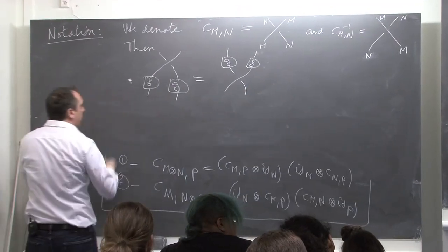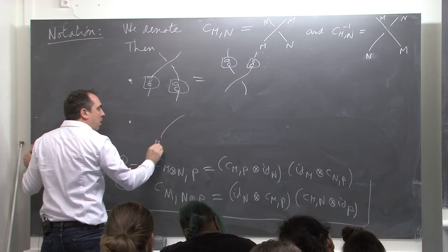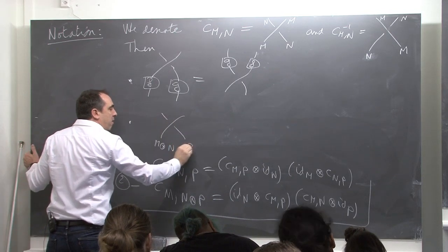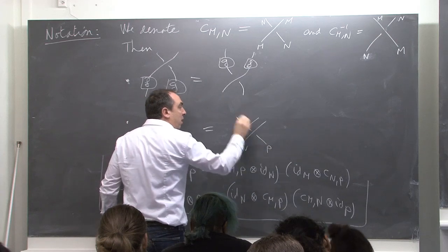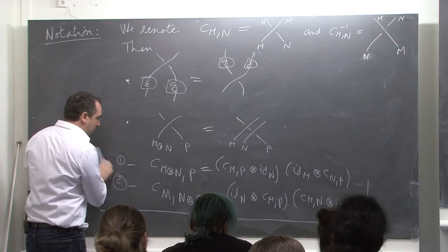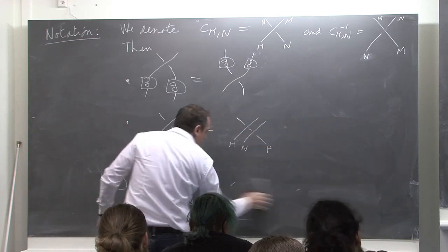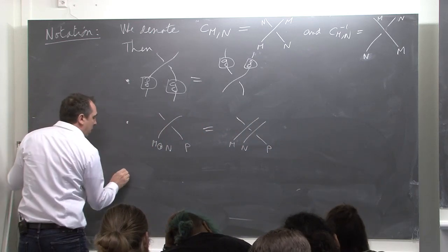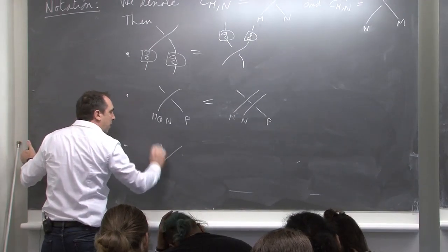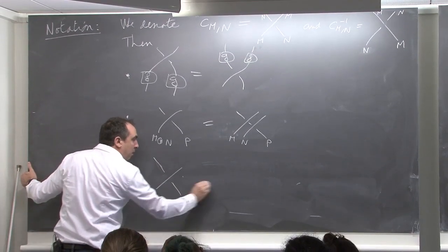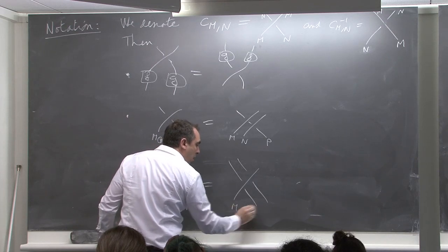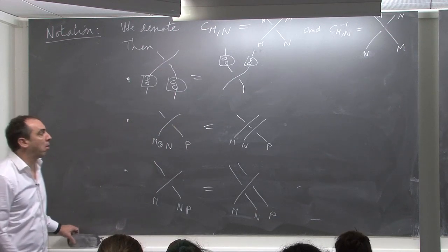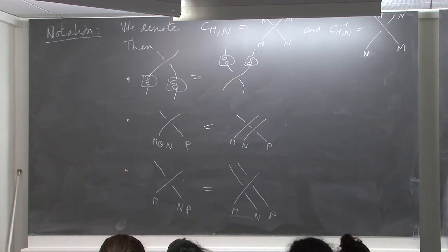For the first one, the crossing on M with N tensor P is the crossing M, N, P. And the second one is the other. It's just a translation in graphical notation of the last two properties.